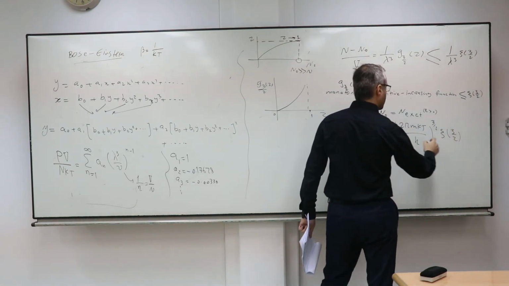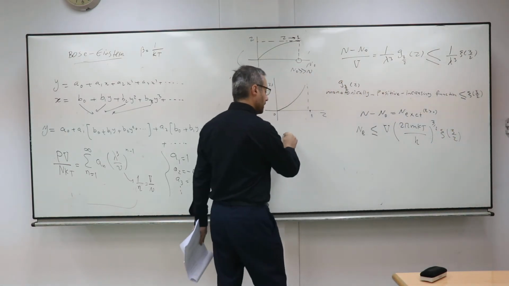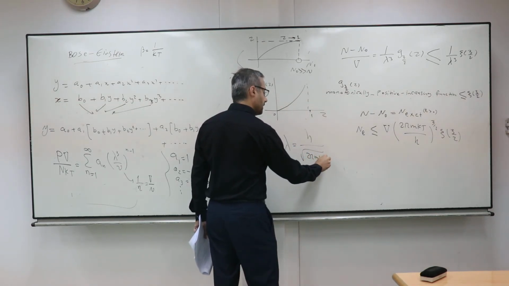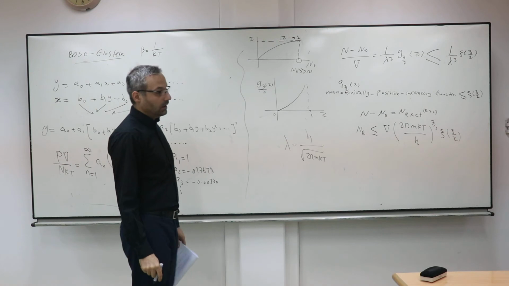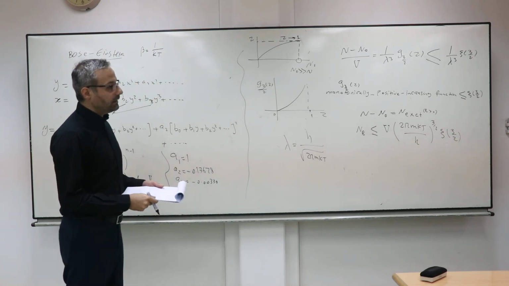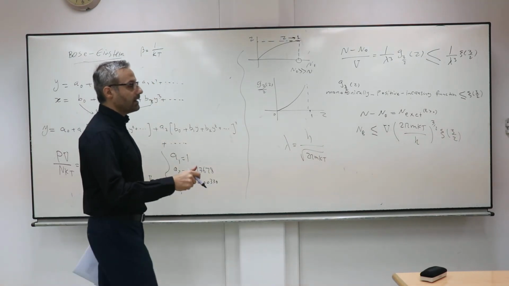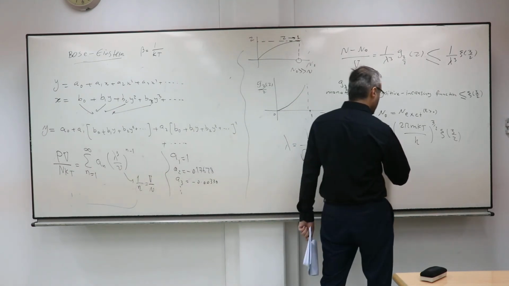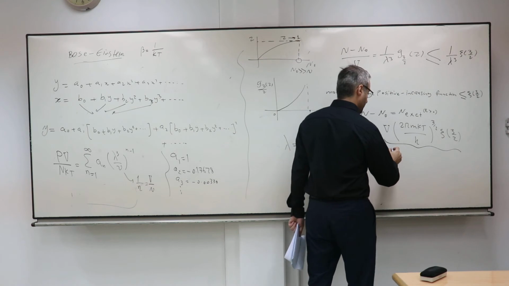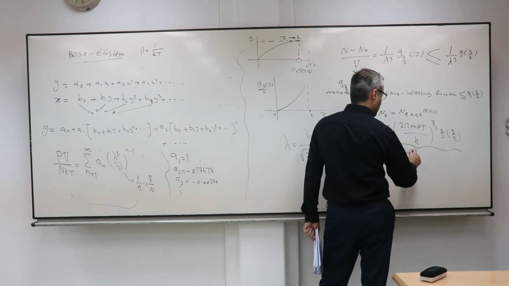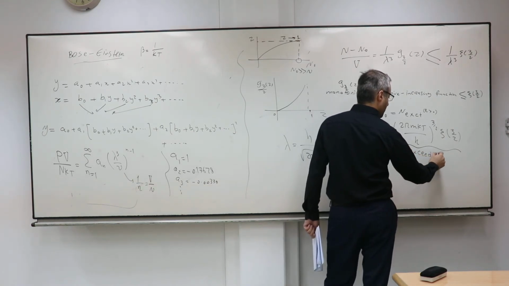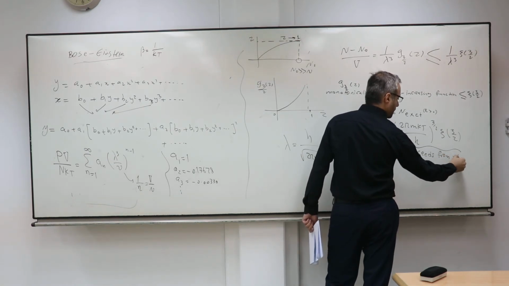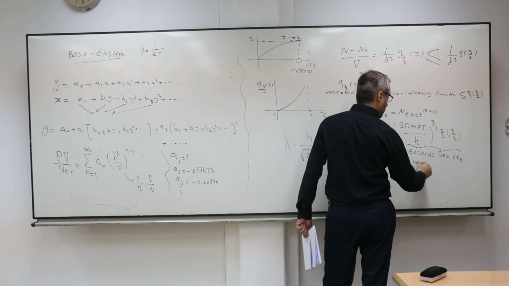You know what I did? I just replaced lambda. Lambda was h over the square root of 2 pi m kT. I just replaced it in this. So it seems that N excited always remains less than this number. It always remains less and never exceeds this upper bound.